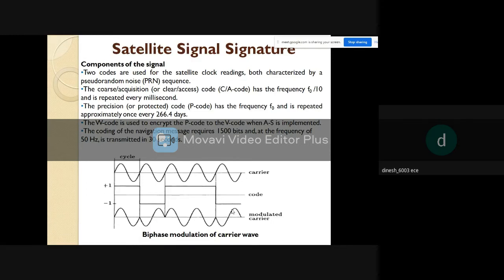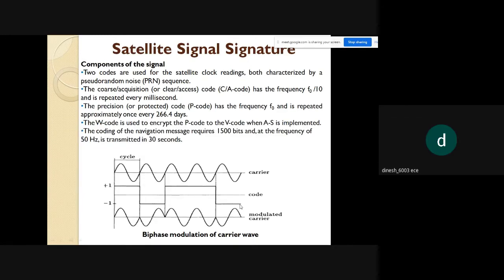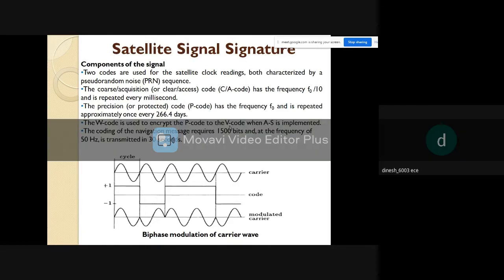Sorry, it is not V code here; it should be Y. This is Y, not V. Y code. And the frequency of the navigation message is 50 hertz, at a transmission of 30 seconds when we want to transmit a 1500 bits message.